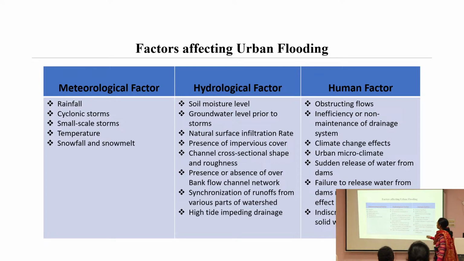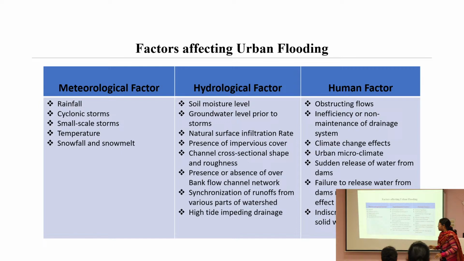Hydrological factors include soil moisture level, that is how much water content is available in the soil, groundwater level prior to storms, natural surface infiltration rate, presence of impervious cover, channel cross section shape and roughness, presence or absence of overbank flow channel network, synchronization of runoffs from various parts of the watershed, and high tide impeding drainage. These depend on soil, land use, land cover, slope, elevation and drainage.